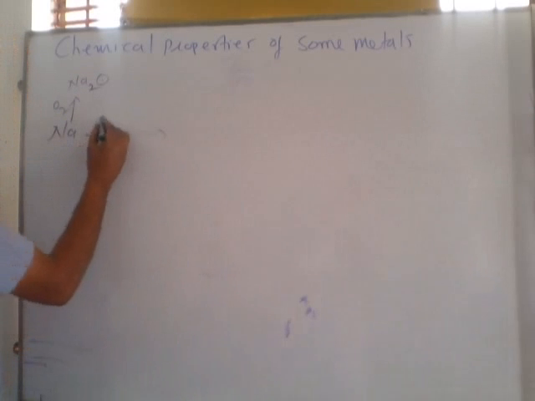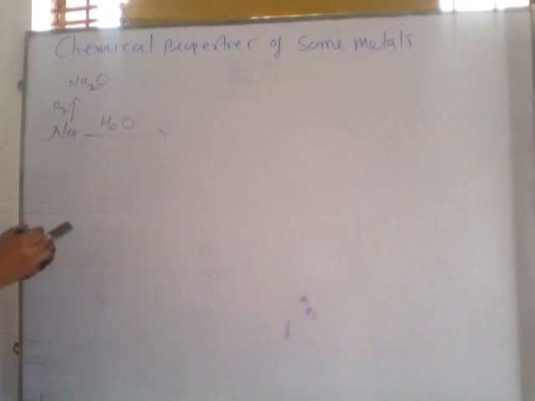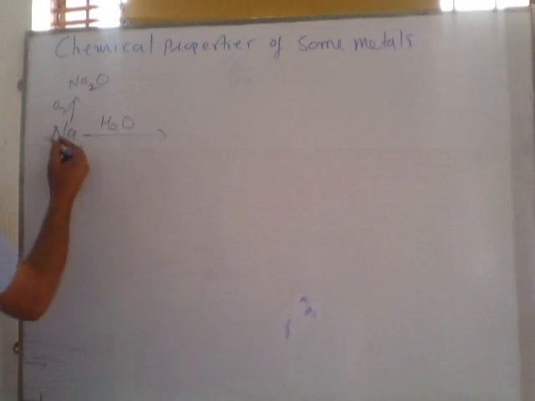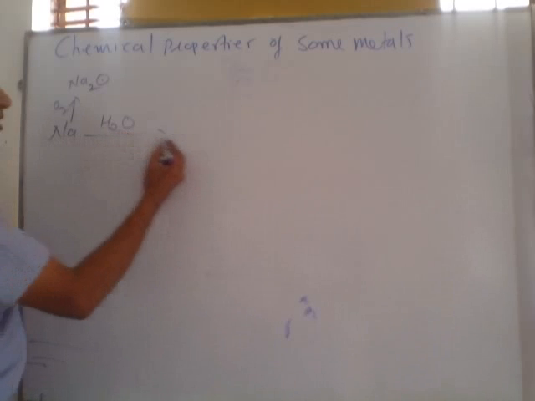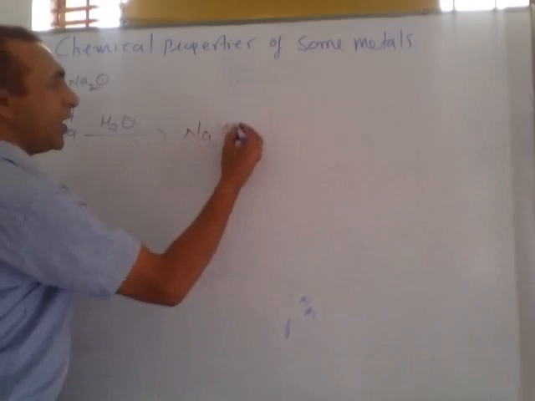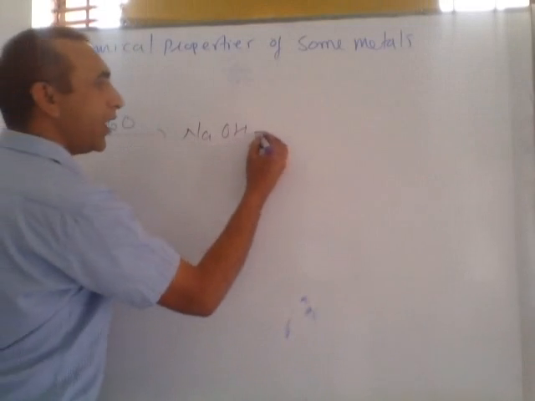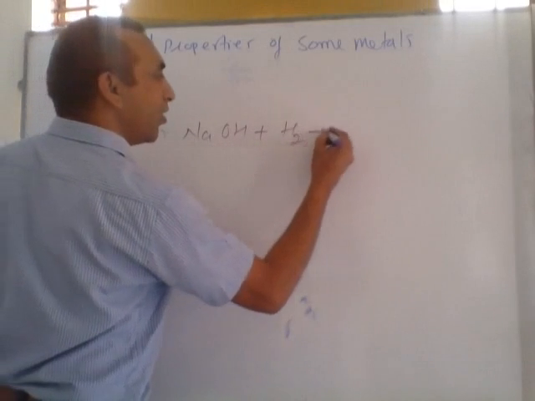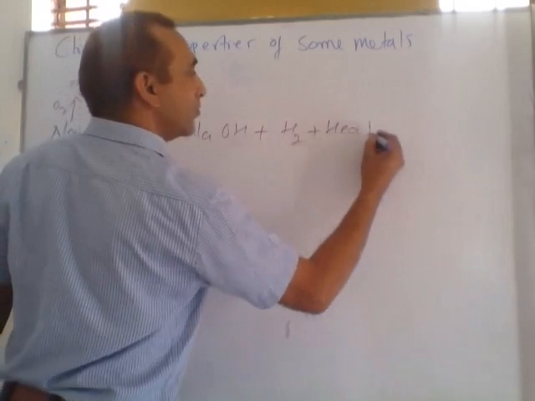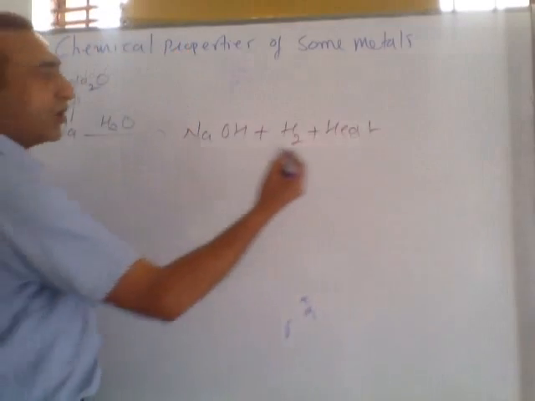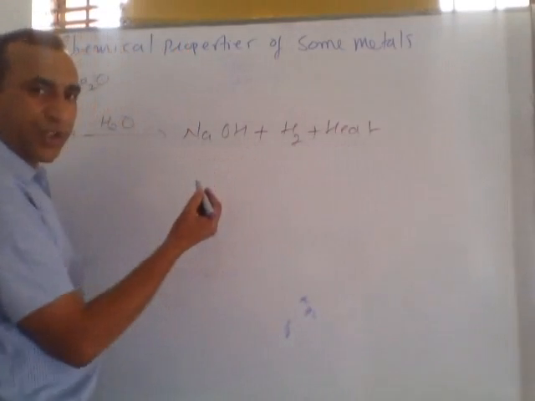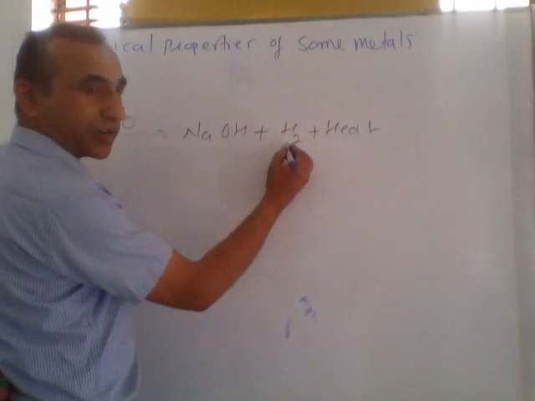If sodium reacts with water, this is a very important reaction. Sodium reacts very fast with moisture, otherwise water, to form NaOH, sodium hydroxide, along with hydrogen gas, and also heat. This heat is sufficient to burn hydrogen.